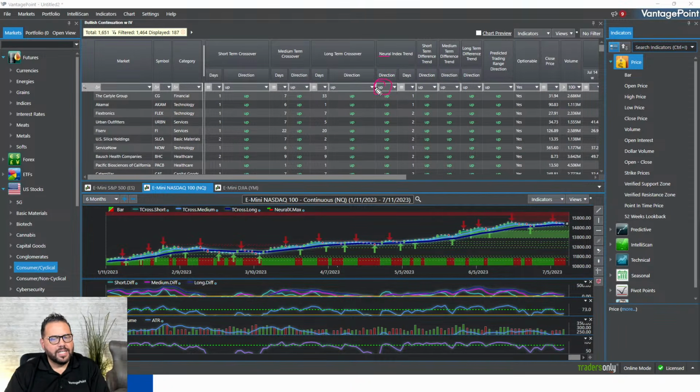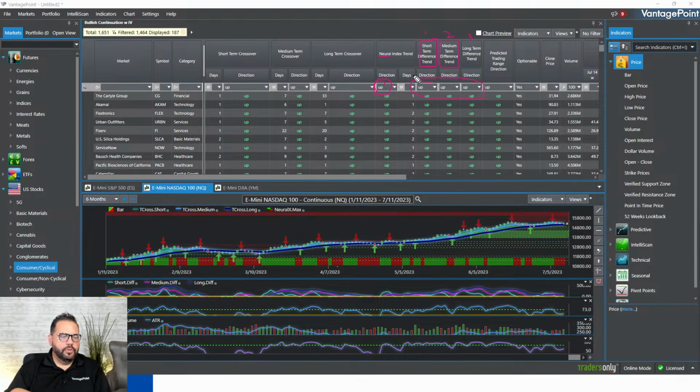So I set that up to say, go find the things that have strength in price. And then I've gone even further to say, find the things that are building momentum from a predicted moving average standpoint, meaning they've been trending for a little bit of time, 1, 2, and 3 days from a momentum building standpoint. I've got those set to up as well.